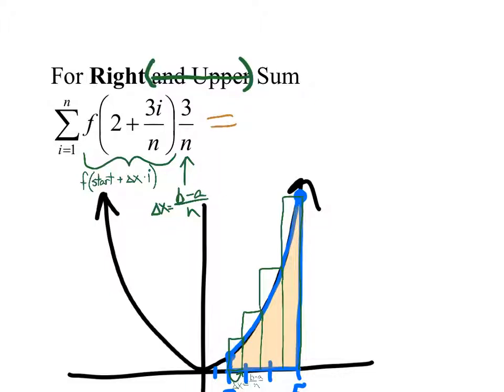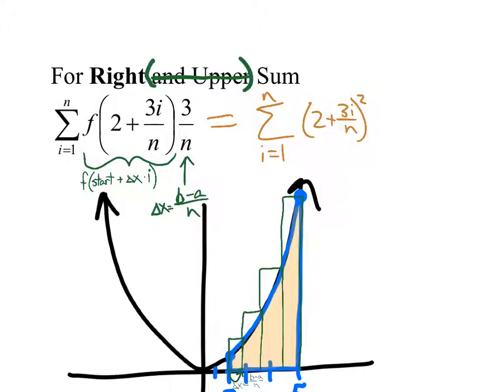This is going to give me the sum from i equals 1 to n of f of x, which is x squared, right? So this 2 plus 3i over n has to be squared. Why?